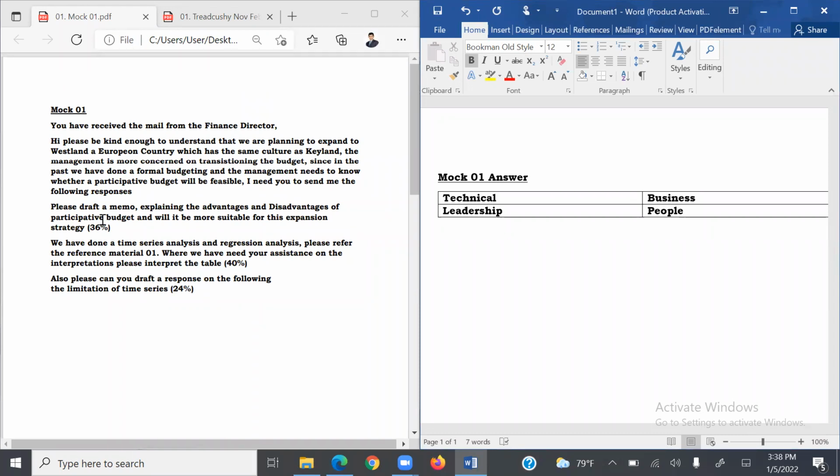Can you observe the question, and can you please put in the chat box how many subtasks we have in this question, students?